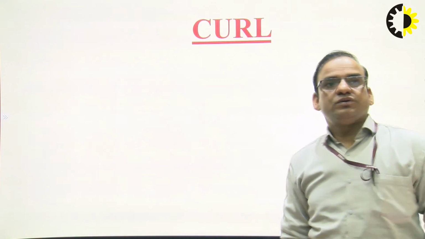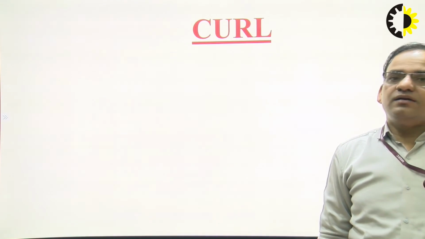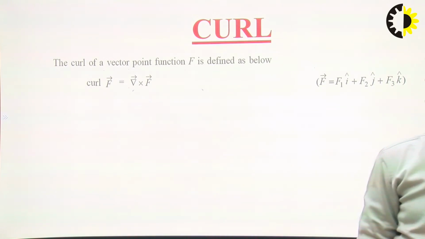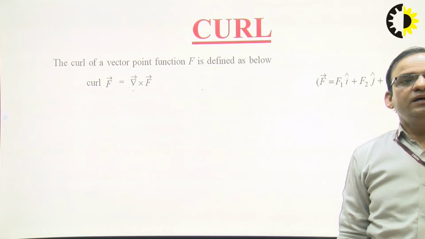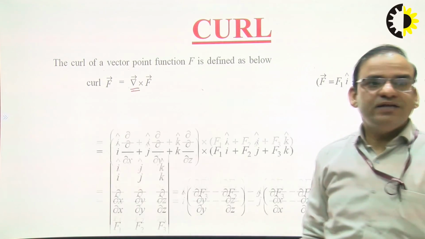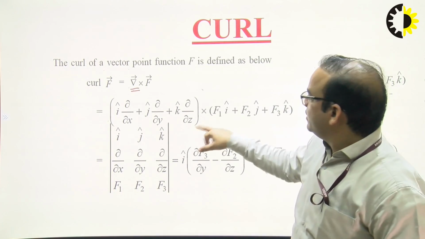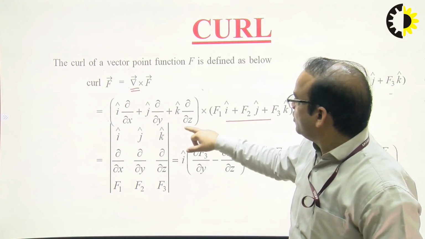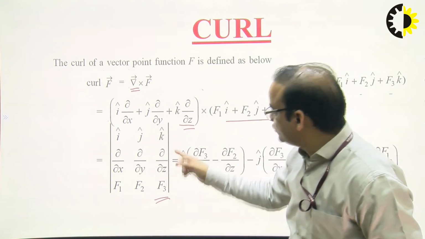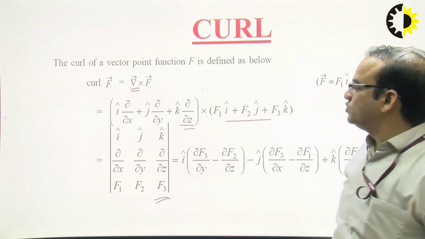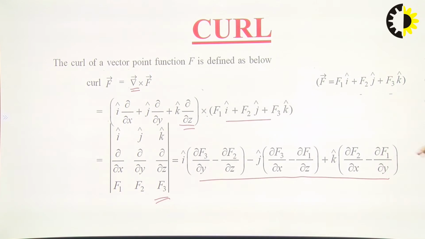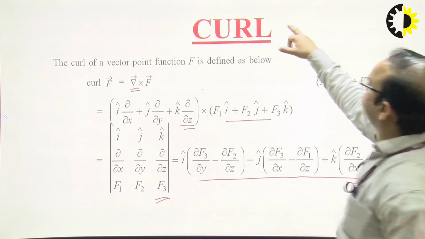Okay, so the final application of del is the curl. The curl of a vector point function is defined by the cross product with the operator del, and is solved by distributing this over the operator with the help of determinants, as we usually solve the cross product of two vectors, and we get this kind of structure, which is also a vector.